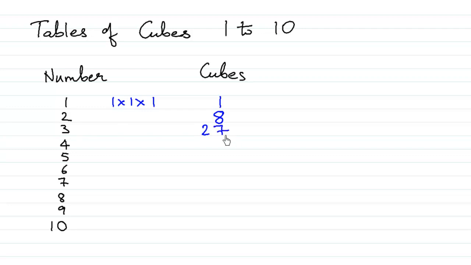That's 27. Then 4 cube is 64. 5 cube is 125. 6 cube is 216. 7 cube is 343. 8 cube is 512. 9 cube is 729. And 10 cube is 1000.